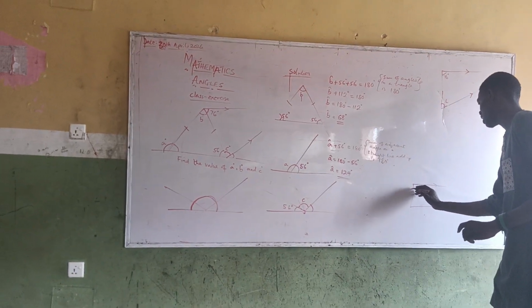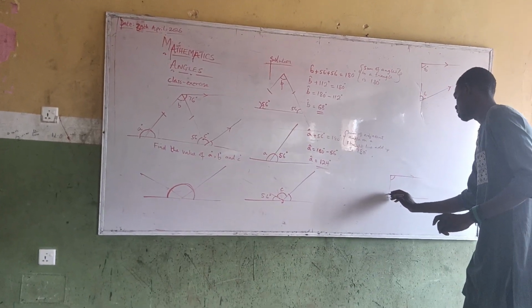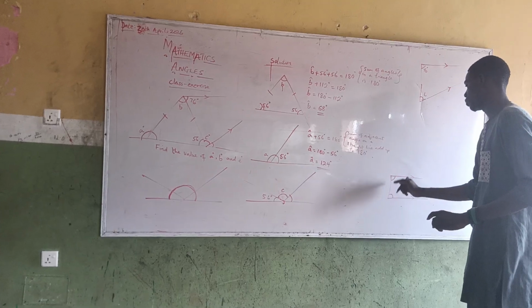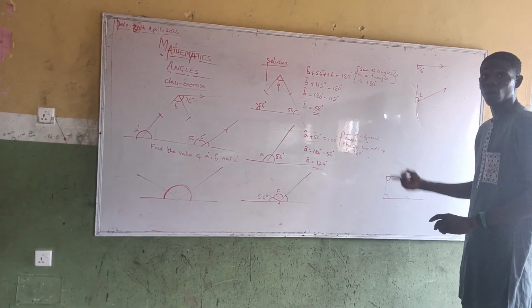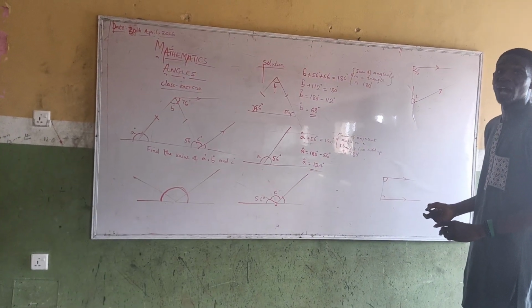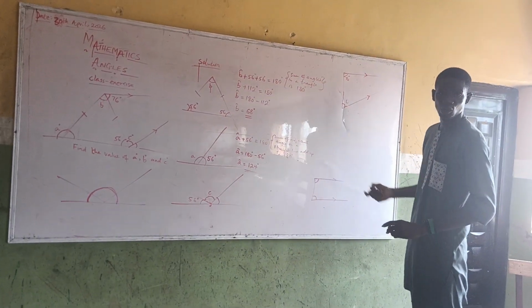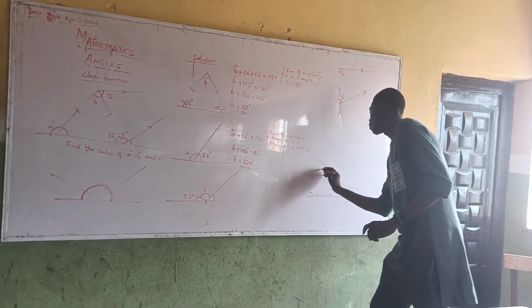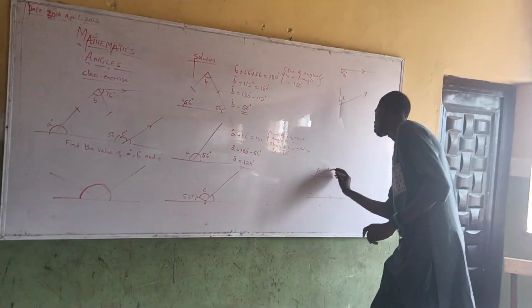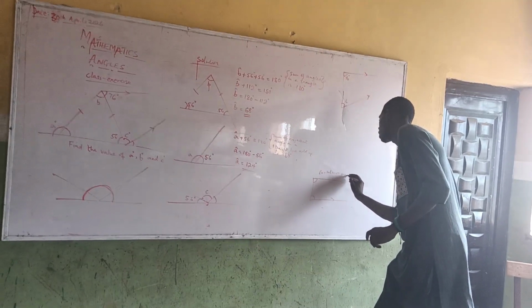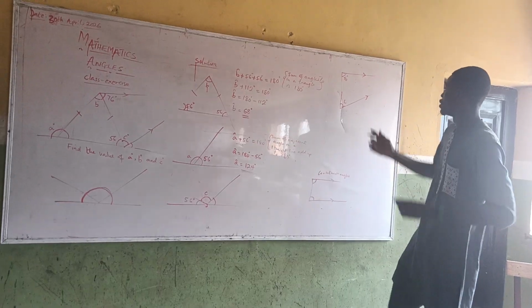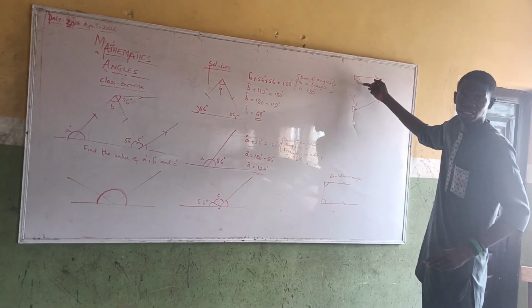This angle you have inside this diagram, and the one you have inside here, facing each other, are called co-interior angles, and they add up to 180 degrees. So these two angles add up to 180 degrees.